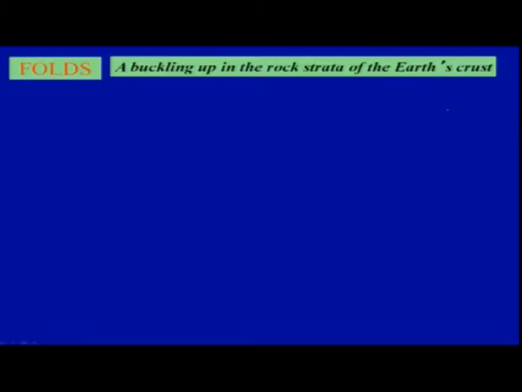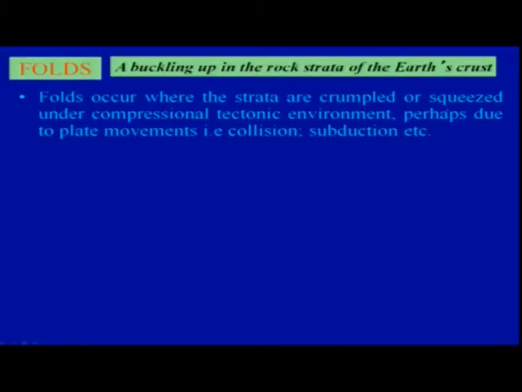So the buckling up of rock strata of the earth's crust will result in the formation of folds, and the best example is what we call the folded Himalayan chain. Okay, so the Himalaya is all folded layers. They are all mega folds.